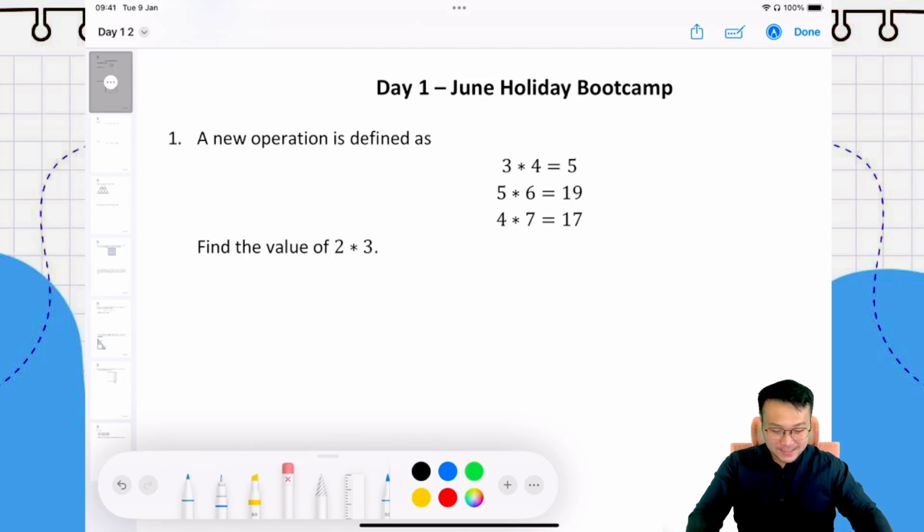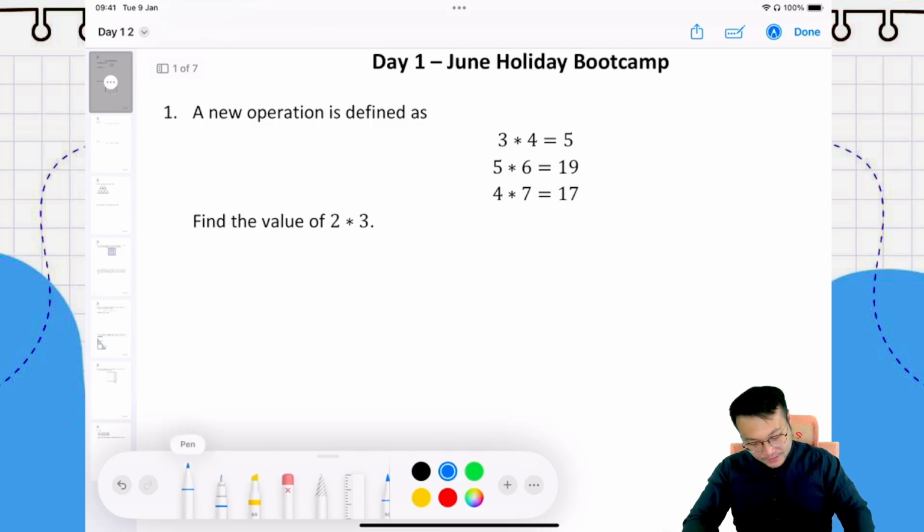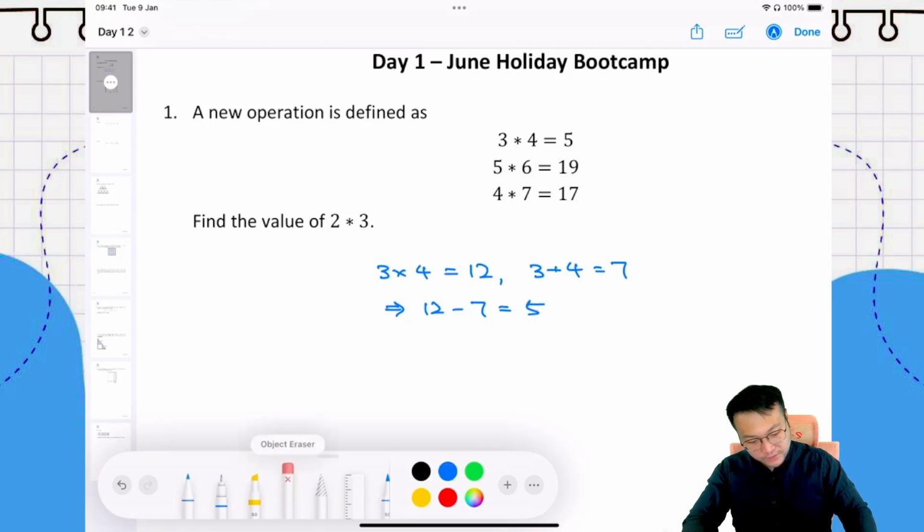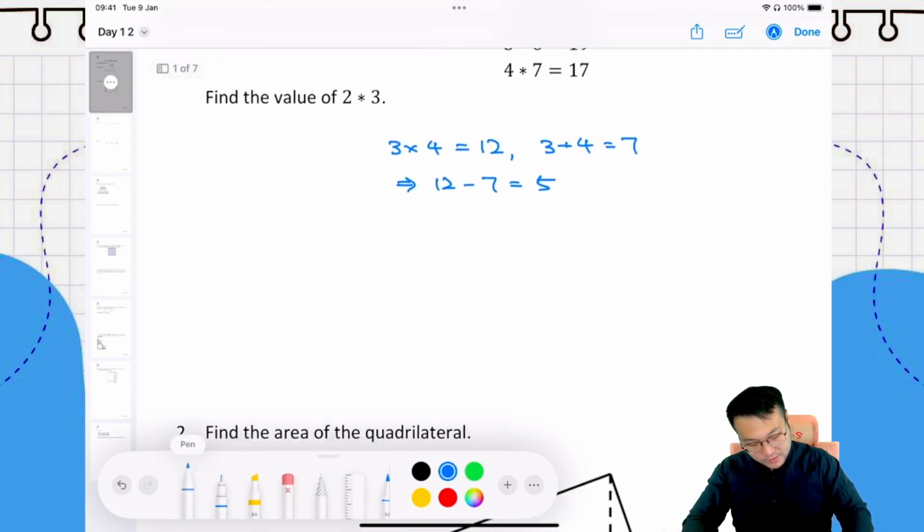Okay, so students, as you can see, we just write down. You have to do your working. Say 3 times 4 equals 12, and 3 plus 4 equals to 7. And then you can write down, therefore, 12 minus 7 equals to 5, and that gives you 5. You must test whether it works for something else as well.